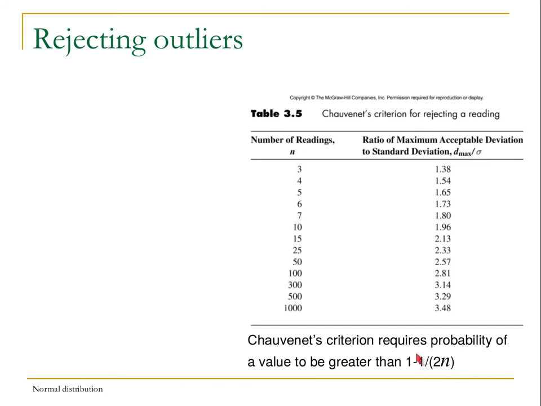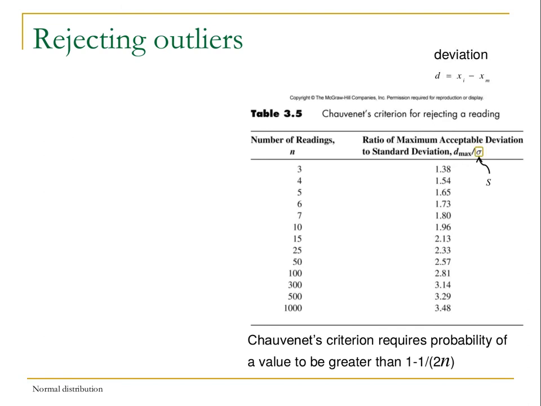So if we took 50 readings, we would only keep those data points that have a probability of 99%. If we get data points that are not within the 99% probability range, then we would reject them. So if we found a data point and there was only a 0.05% chance of getting points greater than that, then we would get rid of it.